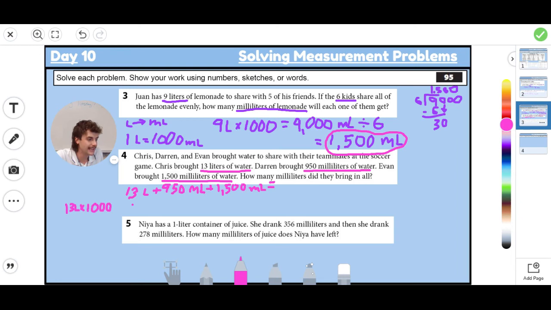When I do that, I get my total of 13,000. So 13,000 milliliters plus 950 milliliters plus 1,500 milliliters.